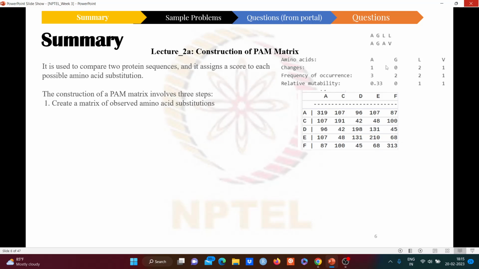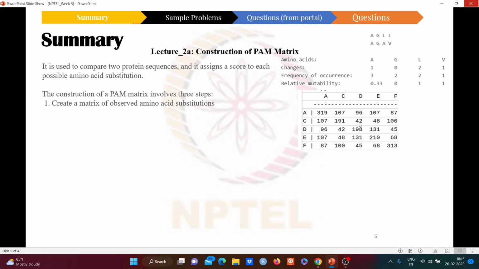If you observe here in the given sequence alignment, we have seen amino acid substitutions in the third position and the fourth position where leucine has been substituted. So the first step is observing and making a matrix of all these possible substitutions. The resultant matrix has been given here.